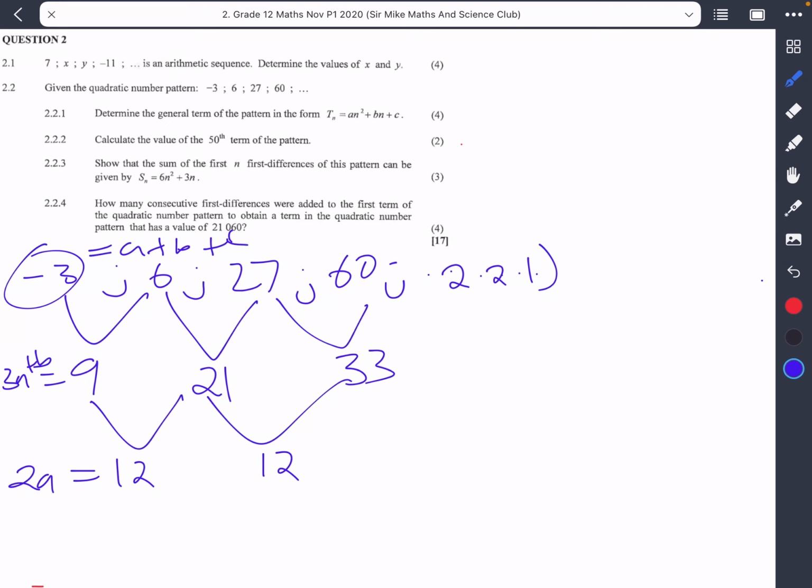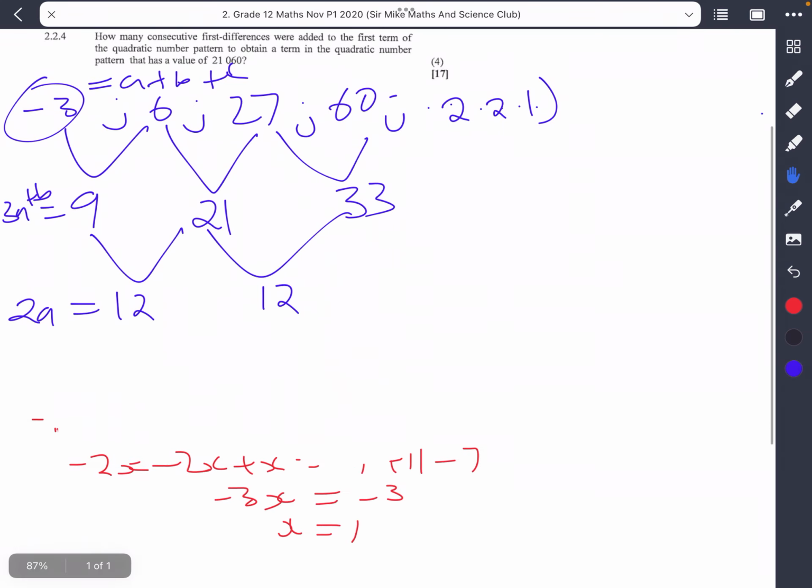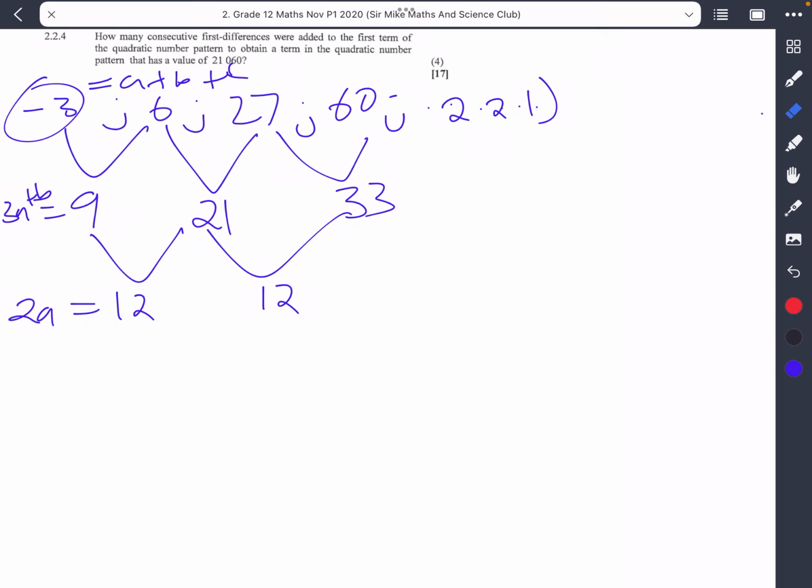So in this case, we'll start by finding a. Let me just scroll that down and erase that. We know that 2a must equal 12, and then a would be 6, right?